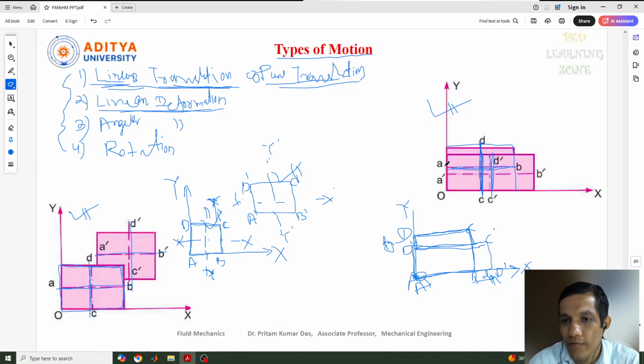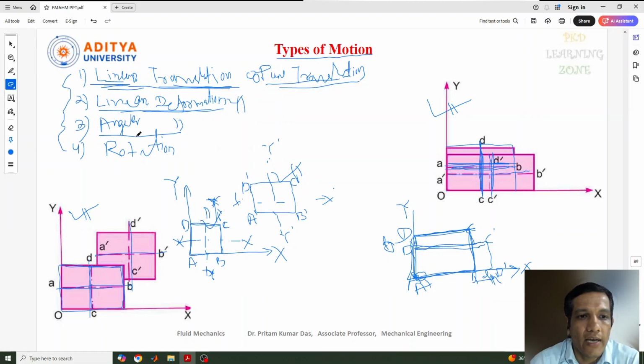Similarly, this is the AB axis for the starting one, and after deformation A dash B dash; both are parallel to each other. Correct. Previously also we have seen this parallel condition, here also parallel condition. But here what will happen? The length and the height of this body, what they were initially, is going to change in this case. So that is linear deformation. Okay, this is the case of linear deformation.